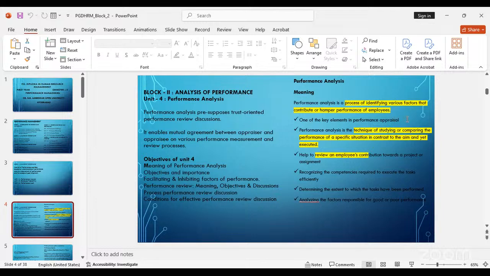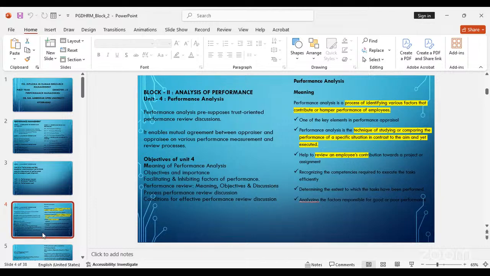This is one of the key elements of performance appraisal, and it's a technique to study or compare the performance of a specific situation in contrast to the aim and what was executed. It helps to review an employee's contribution towards a particular project or assignment. It recognizes the competencies required to execute a particular task effectively.